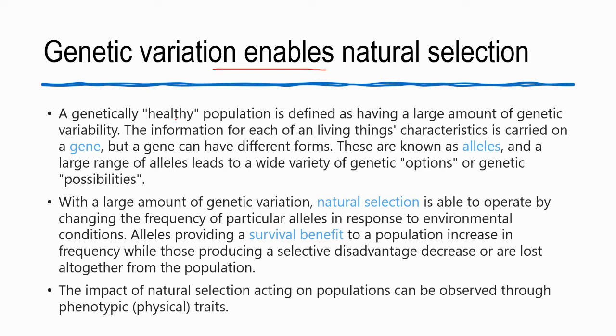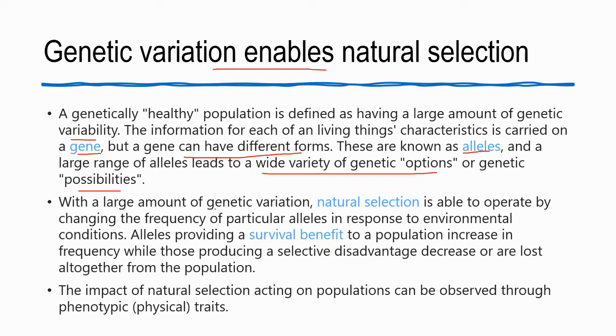A genetically healthy population is defined as having a large amount of genetic variability, lots of differences. The information for each of a living thing's characteristics is carried on a gene, but a gene can have different forms, and we know that these are called alleles. And a large range of alleles leads to a wide variety of genetic options or genetic possibilities. So we get lots of variation.